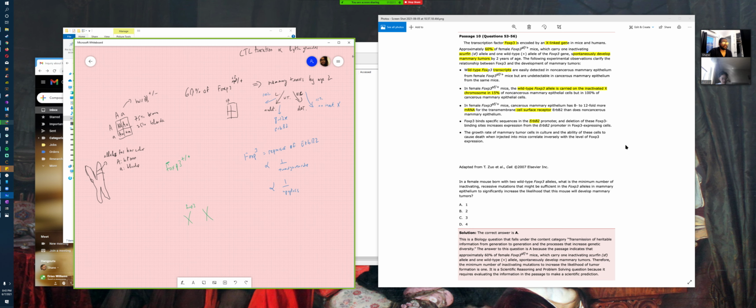I'm trying to see what they mean by significantly increase. If just one SF leads to 60% of them getting tumors, and one SF causes an 8 to 12 fold increase in HER B2.